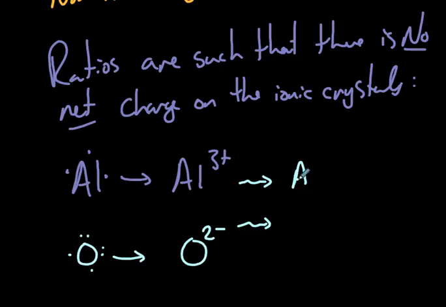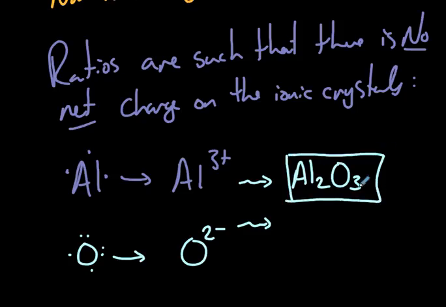So we'll get 2 aluminums and 3 oxygens. 2 aluminums for every 3 oxygens keeps the charges balanced. The 2 aluminums give you 6 total positive charges, and the 3 oxygens give you 6 total negative charges, and 6 plus -6 equals 0.